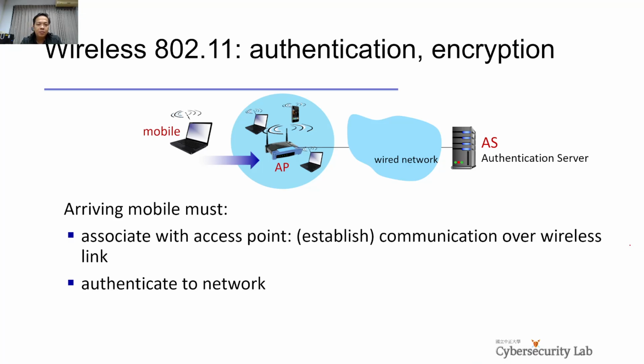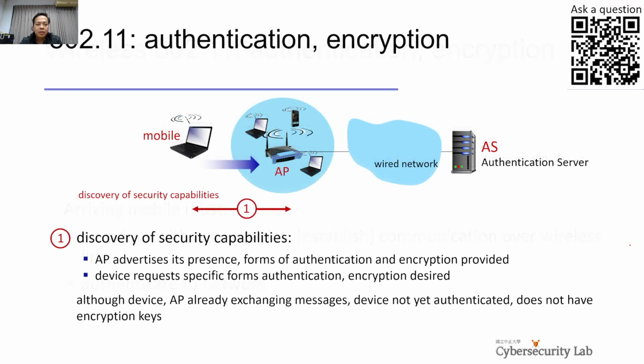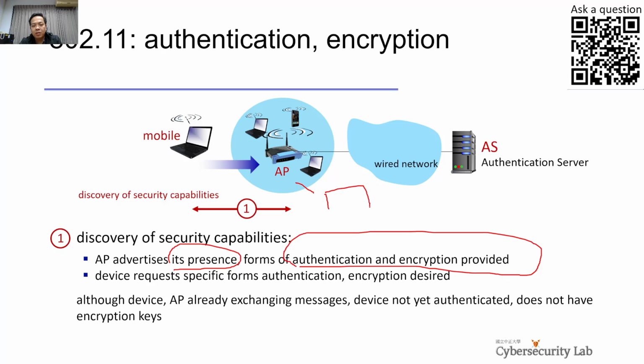So in practice, the mobile wants to authenticate with the Wi-Fi access point, so it needs to send its ID. The mobile can discover the access point by beacon messages, which the AP broadcasts, advertising its signal and its supported authentication and encryption.